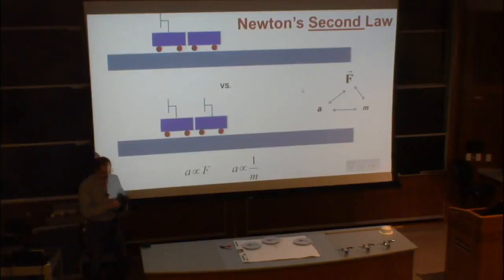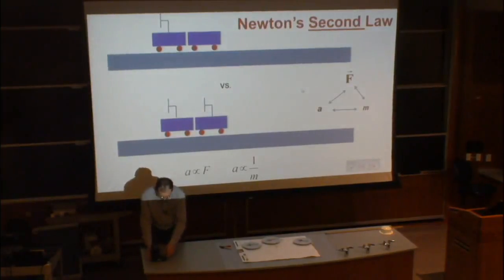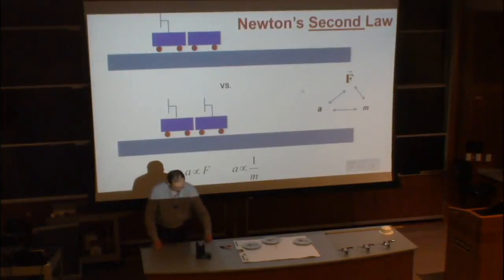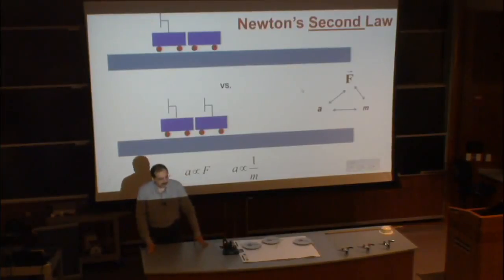Another example. Now with additional weight. Of course, in reality, you would need to attach a motion sensor to measure position and velocity as a function of time, and extract information about acceleration.